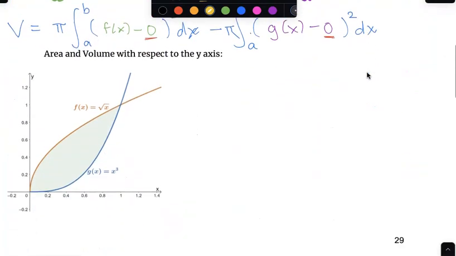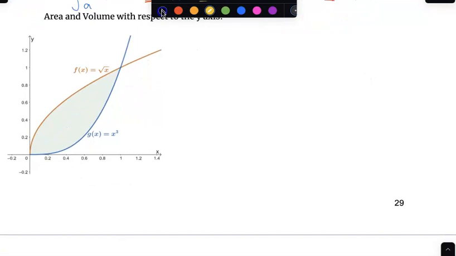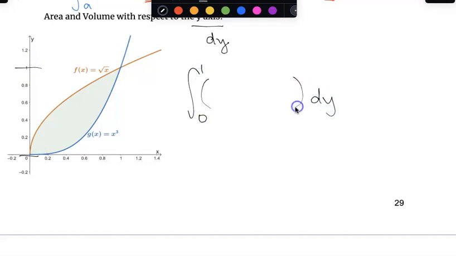All of this is still true if we do things with respect to the y-axis. The only thing that changes for us is we're going to be talking about dy. So our integrals are going to go from, in this case, 0 to 1 on the y-axis, dy. Let's find area first.